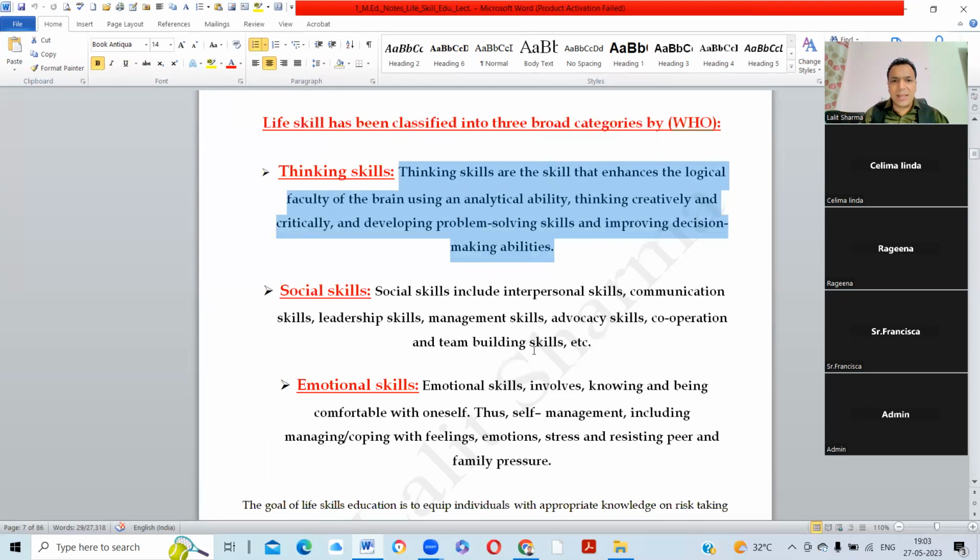Thinking skills are the skills that enhance the logical faculty of the brain using analytical ability, thinking creatively and critically, developing problem solving skills and improving decision making abilities. These skills now you have to develop among the students.